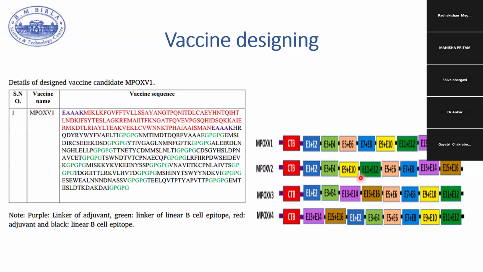Why these kinds of jumbled structures? When we develop the tertiary or 3D structure, there is a possibility that these epitopes are not exposed on the outside surface. So during that study, if we generate multiple jumbled structures, there is a possibility that we get structures that have multiple epitopes exposed on the surface.